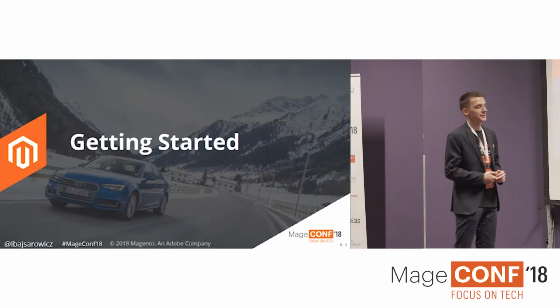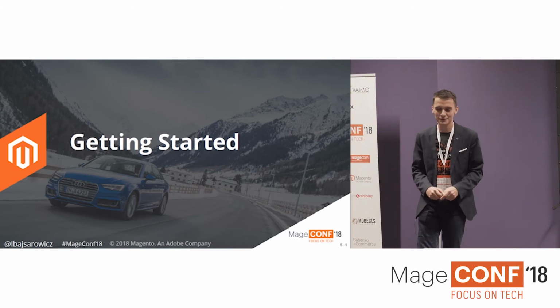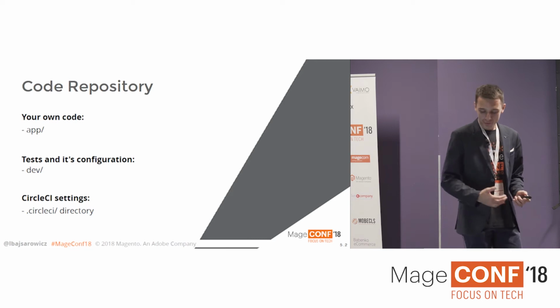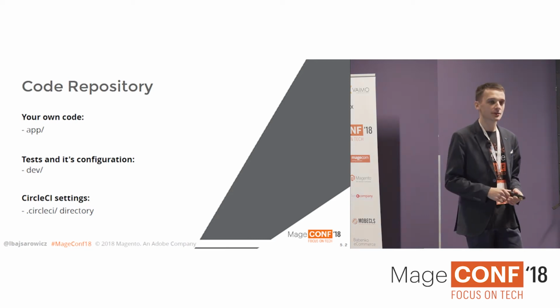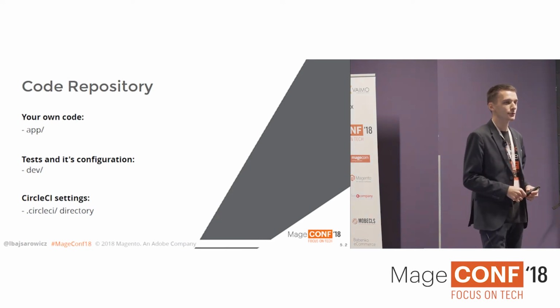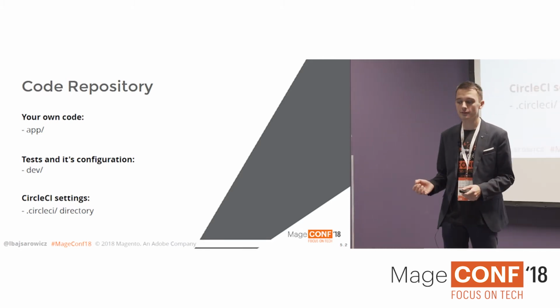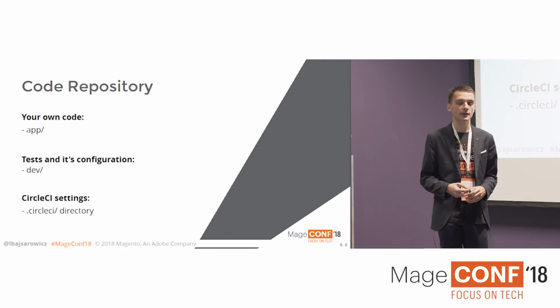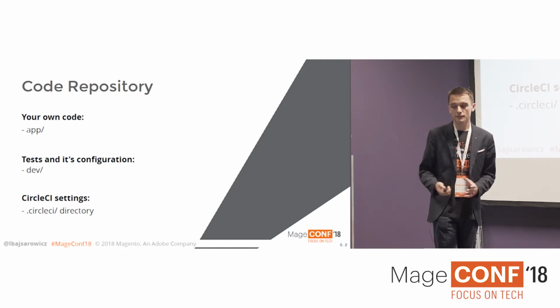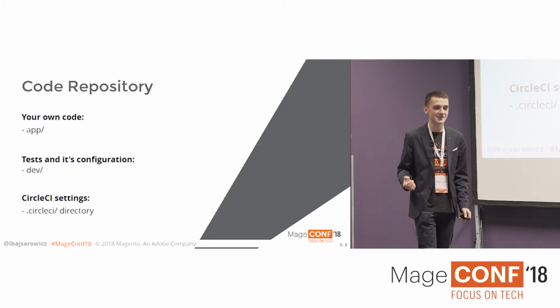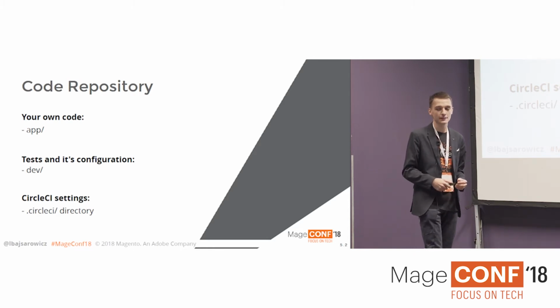So let's get started. You may notice that I really like Audi. Okay. So to run continuous integration, you have to make some amendments to your repository. You have to add one single file to your repository, which is the CircleCI directory and its config file.